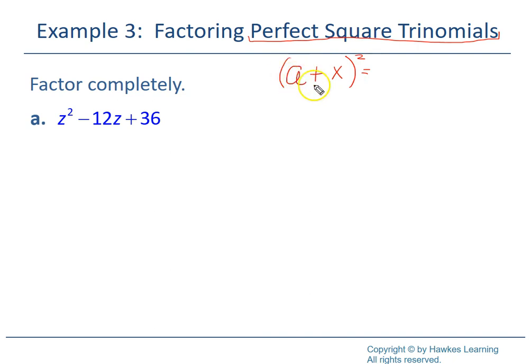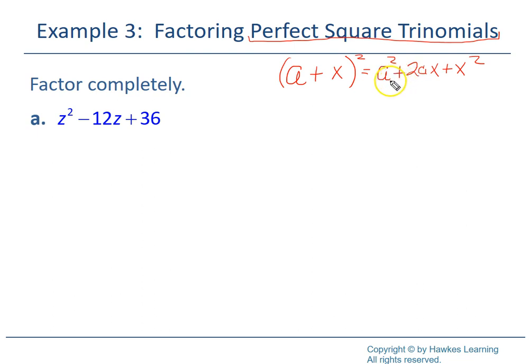We square the first term. That gives us a squared. We multiply these two terms together and then double it. And that gave you, when you took this middle sign, plus 2ax, and then you squared the last term, that this is a perfect square trinomial.